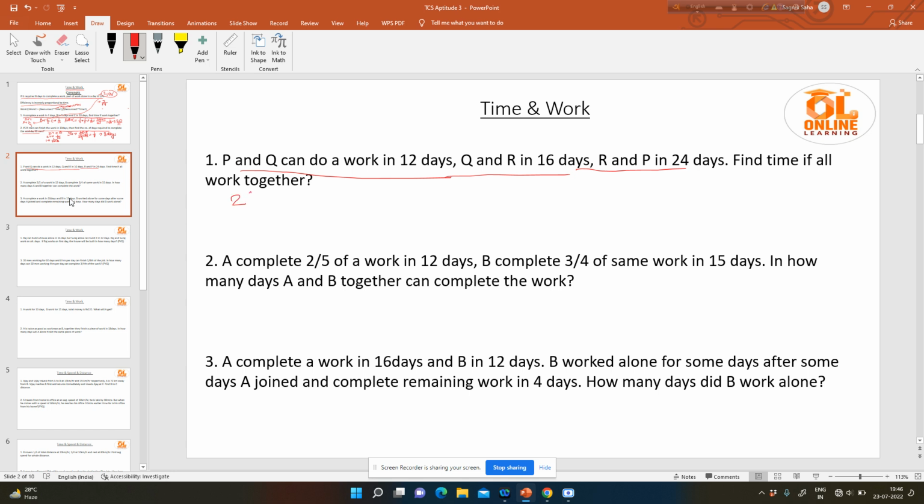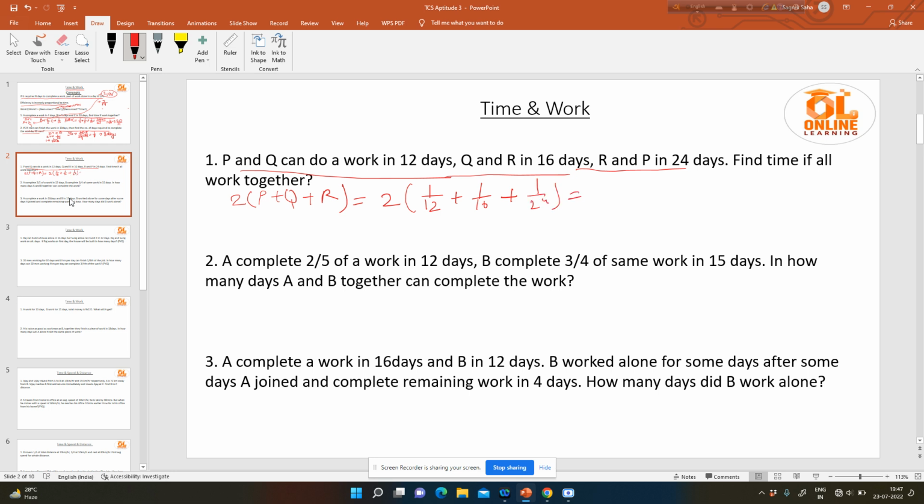So we can write the amount of work done by 2P plus 2Q plus 2R in 1 day as 2 outside, 1 by 12 plus 1 by 16 plus 1 by 24.